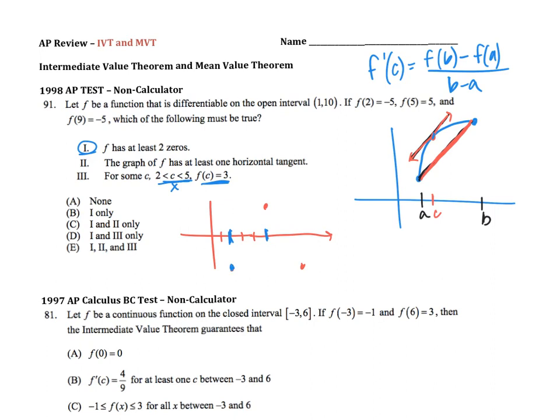Well, when x was 2, my y was -5. And when x was 5, my y was 5. And the intermediate value theorem says if my function is continuous, they didn't say continuous, but if a function is differentiable, it has to be continuous. So it's implied.